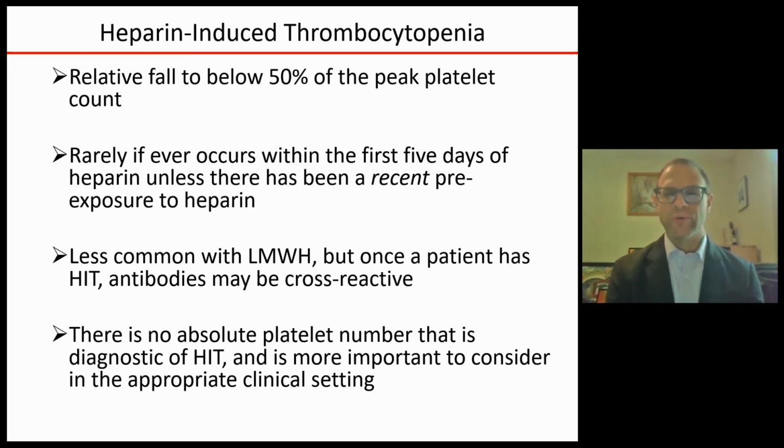You have to switch to a direct thrombin inhibitor. The 4Ts, we think about the timing, the degree of thrombocytopenia, whether or not there are blood clots, and whether or not there are other causes.